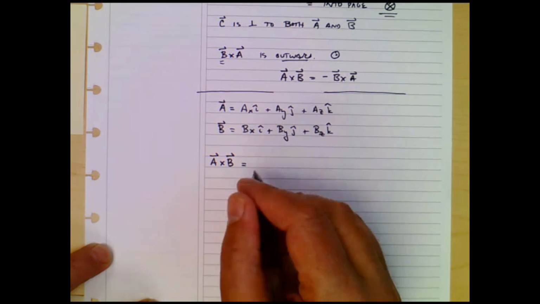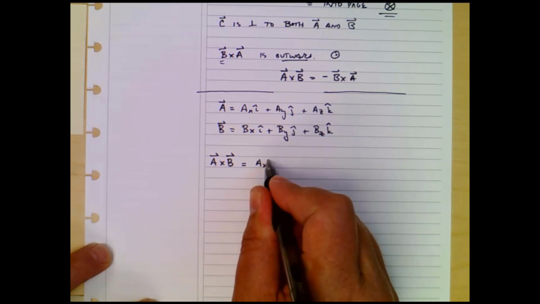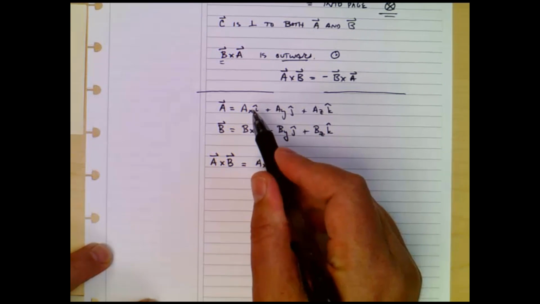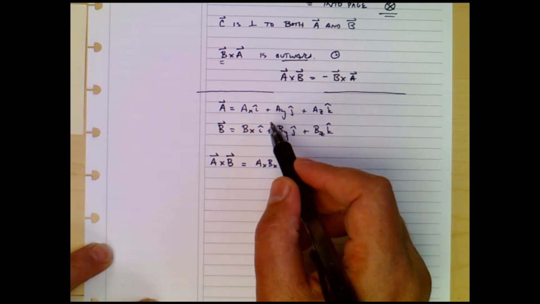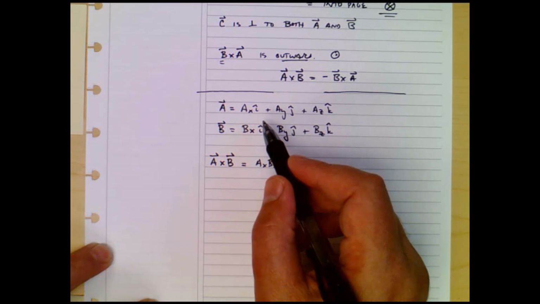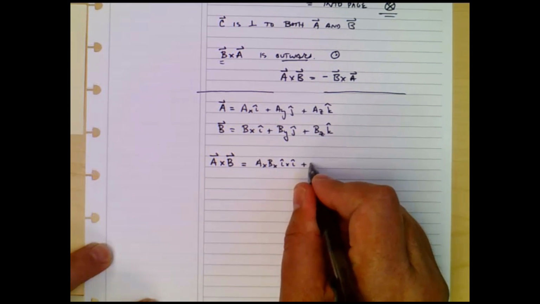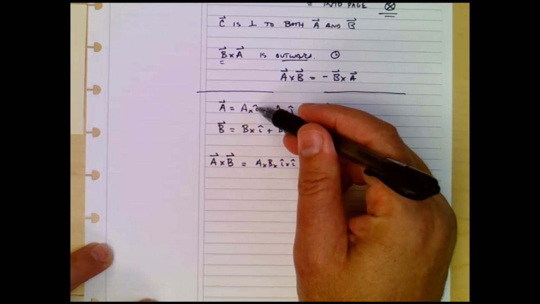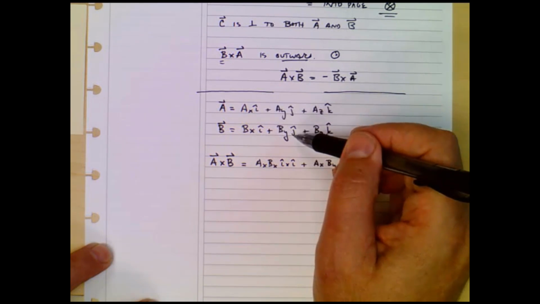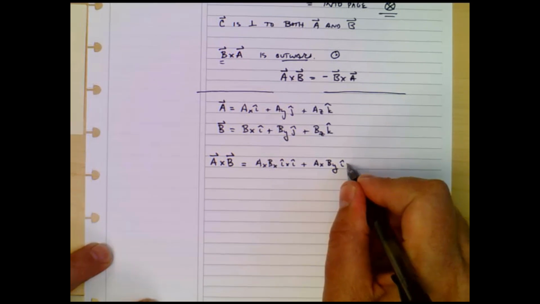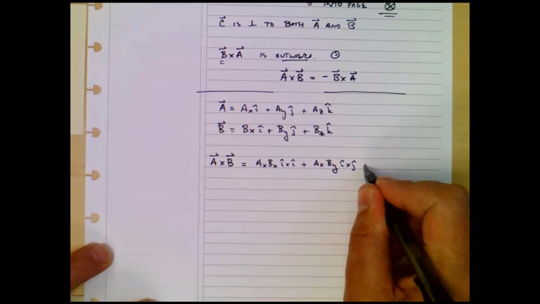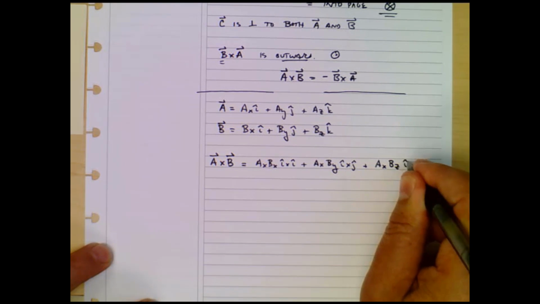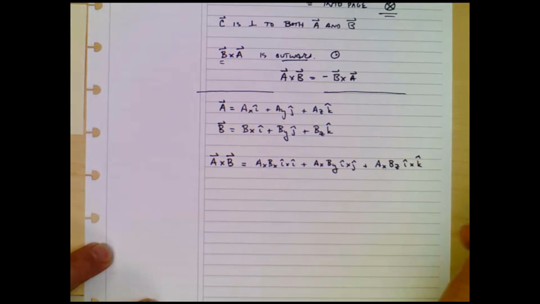I'm going to have ax bx, i cross i. Let's decide which way we're going to go here. All right, let's go ax by, now i cross j. And finally ax bz, i cross k.